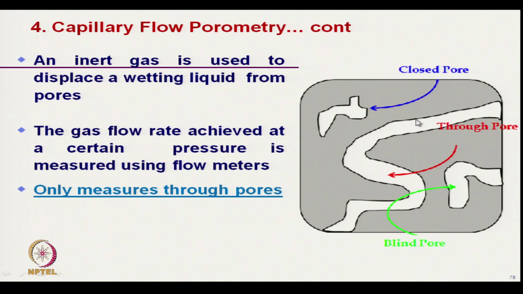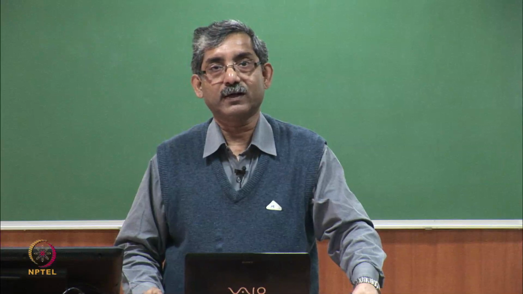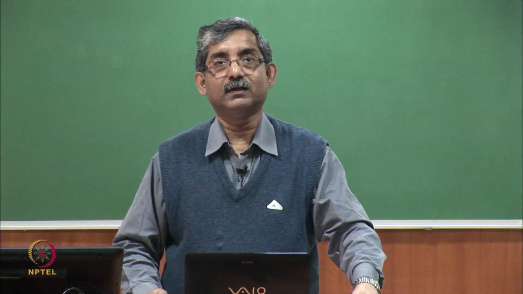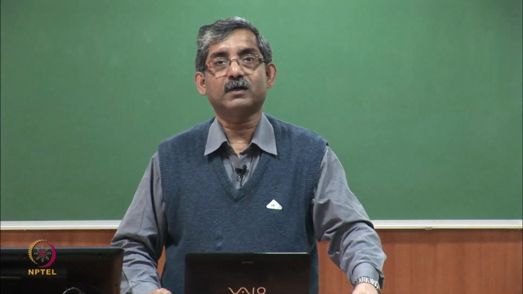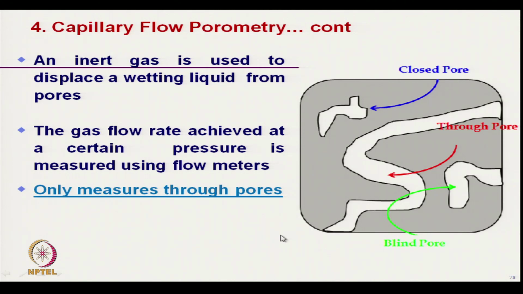So, one flow meter will be there. At certain pressure we measure the gas flow rate, and in this principle we measure only the pore dimension of through pores, which are important.